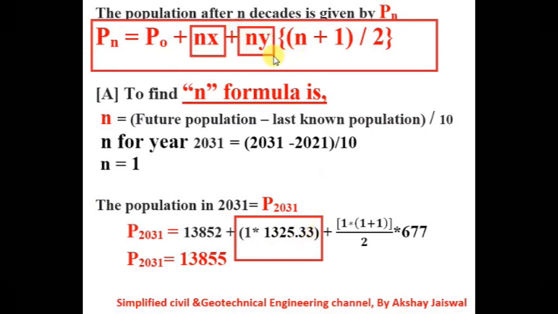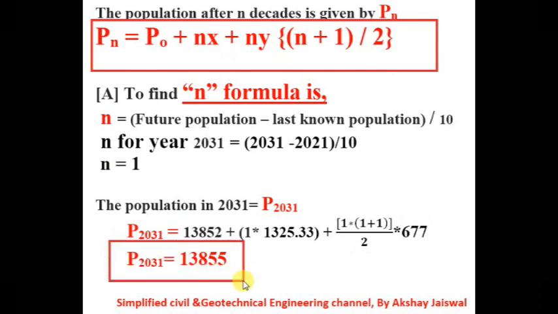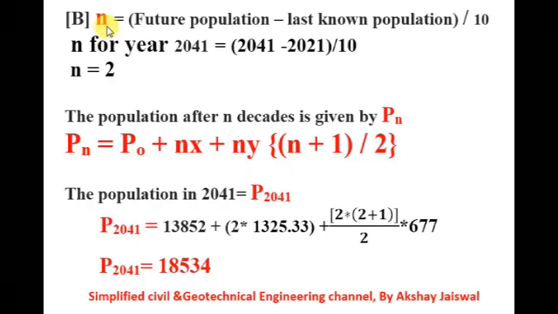Then ny, here n is 1 and y is 677. Then n plus 1 is 1 plus 1 and divided by 2, so we will divide it by 2, and after all calculations we will get the final answer, that is the population in 2031 is 13,855.